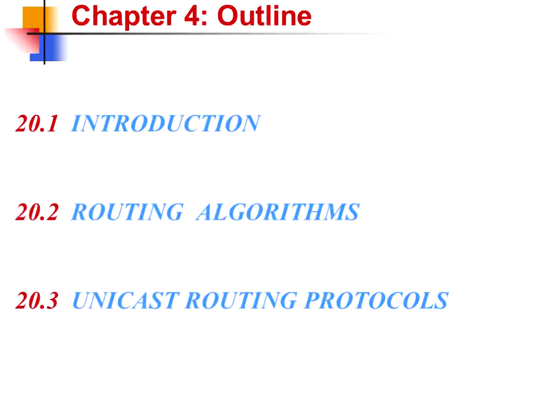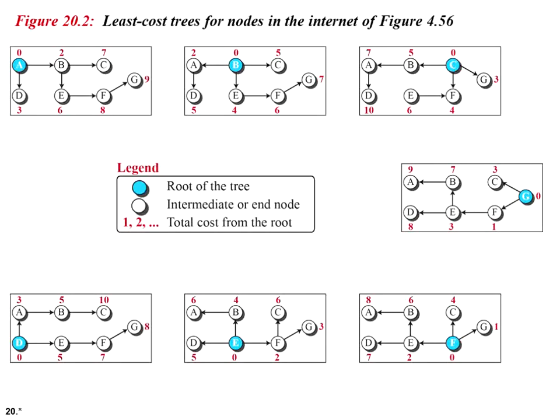So here we have two types of routing, unicast and multicast. If you remember, we created the least cost trees, the least cost tree for each and every node. We have to find out from where we get the least cost. We have routing algorithms like distance vector routing, in which the distance was created.